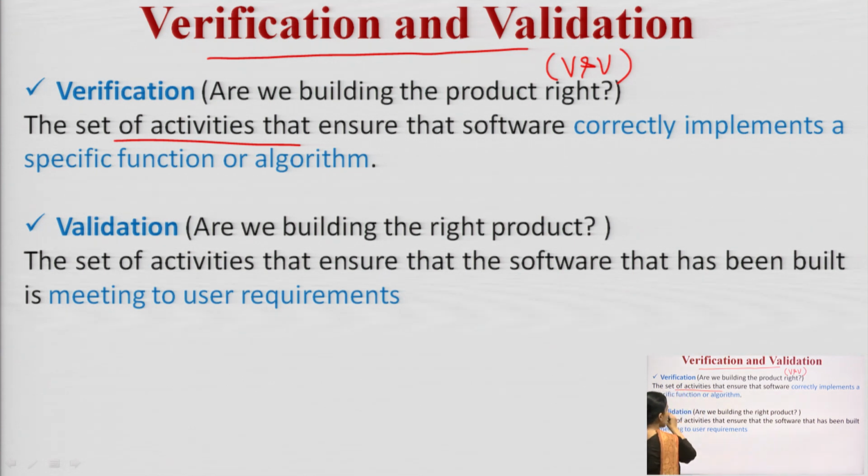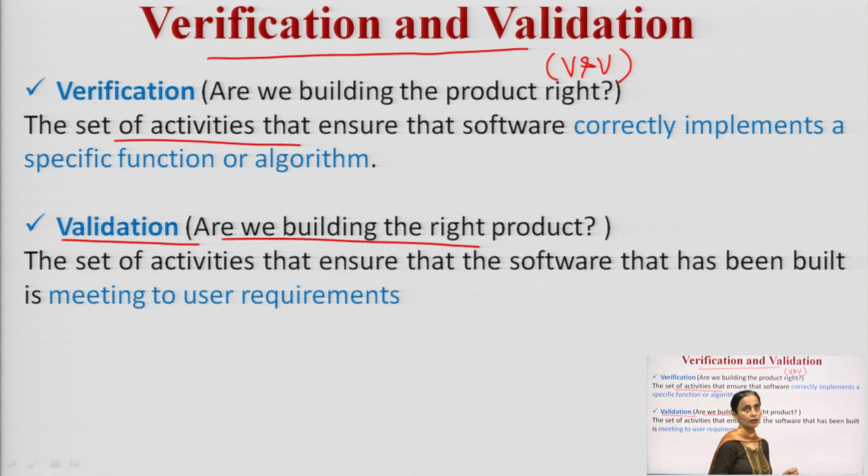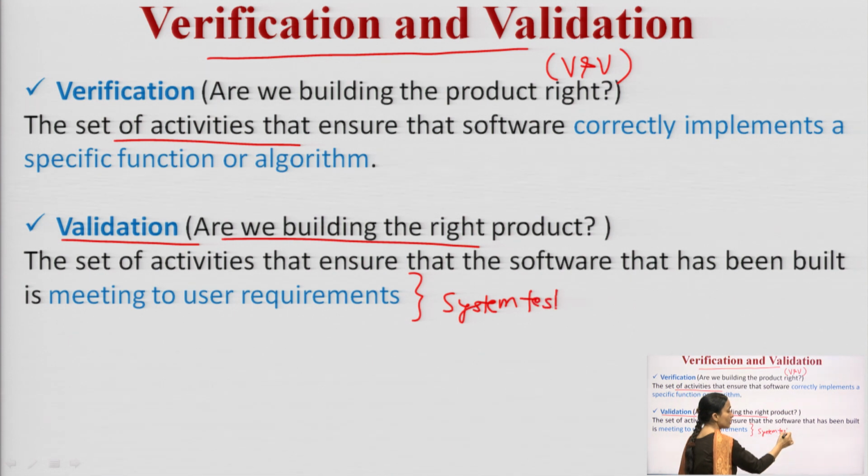Then comes validation. Are we building the right product? That is the set of activities that ensures the software that has been built is meeting user requirements. Here we do system testing, validating that our written software gives the correct result as per the SRS.